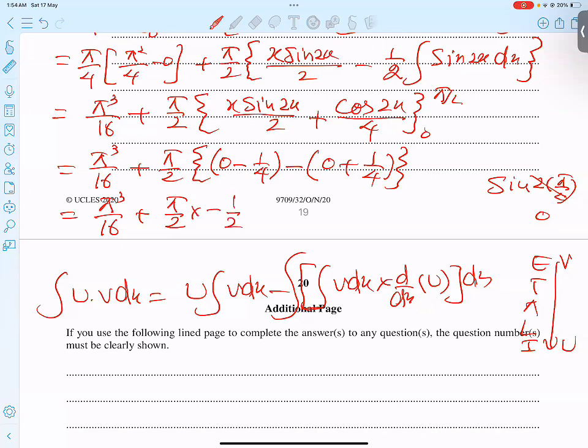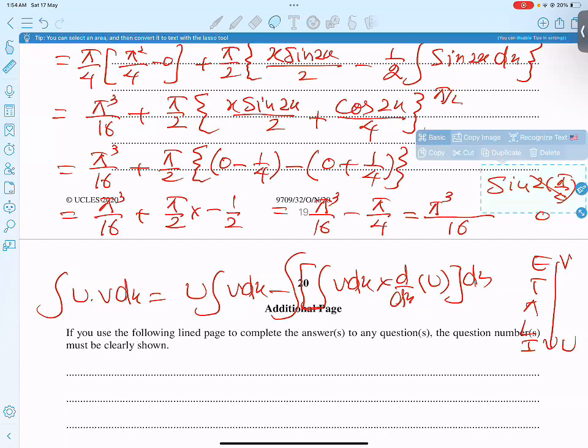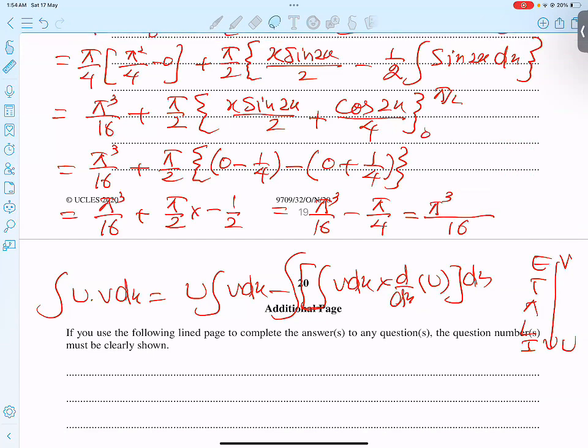Now students, we have pi cube by 16 and negative pi over 4. The LCM of 4 and 16 is 16. So pi cube as it is, and this is 4 pi. What is common from here, students?